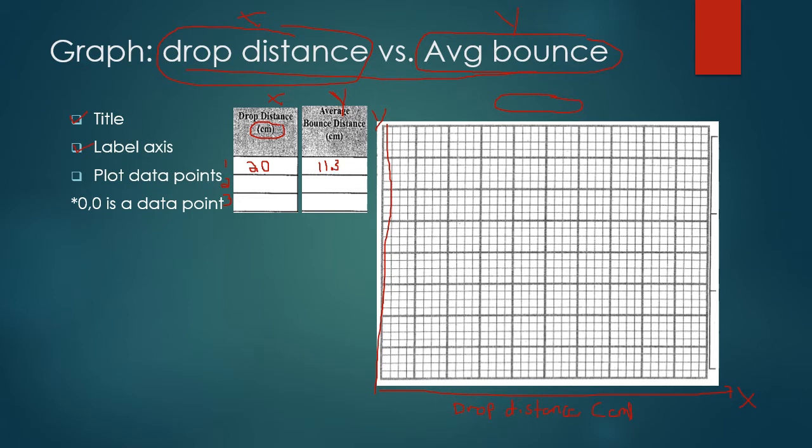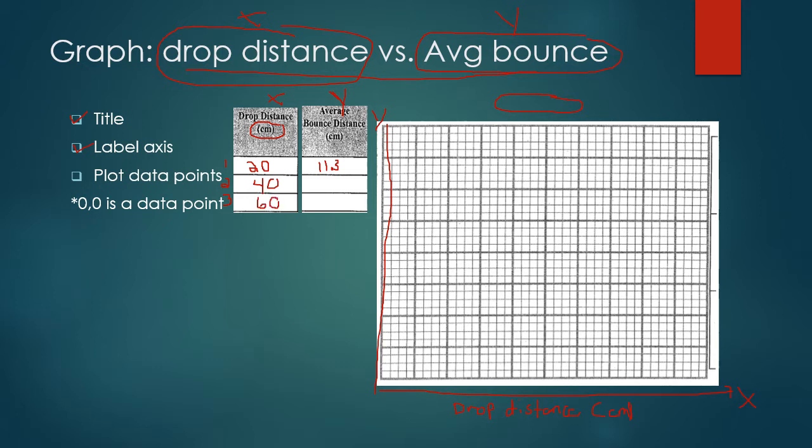Before we can actually plot that data point, however, we need to pick a certain range, a certain interval. So for instance, my drop distance, we dropped it at 20 centimeters, we dropped it at 40 centimeters, and we dropped it at 60 centimeters.